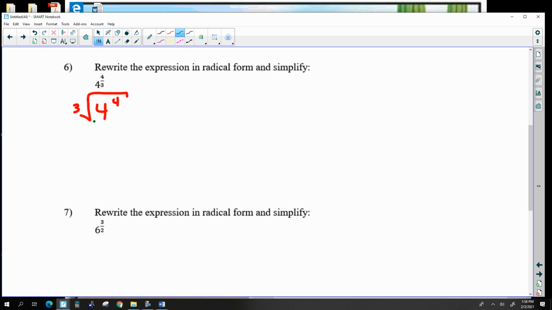4 is the same thing as saying 2 times 2. So this is the same thing as saying 2 times 2 times 2 times 2 times 2 times 2 times 2 times 2. So that's 4 to the 4th power, so you got 4 times 4 times 4 times 4.